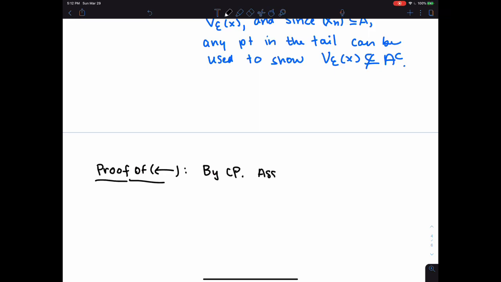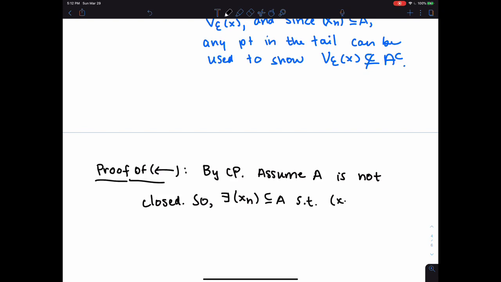So I get to assume A is not closed. So just using the definition, we said that means there has to be this sequence xn contained in A such that xn converges to x, where x is not in A. That is, x is in A complement.